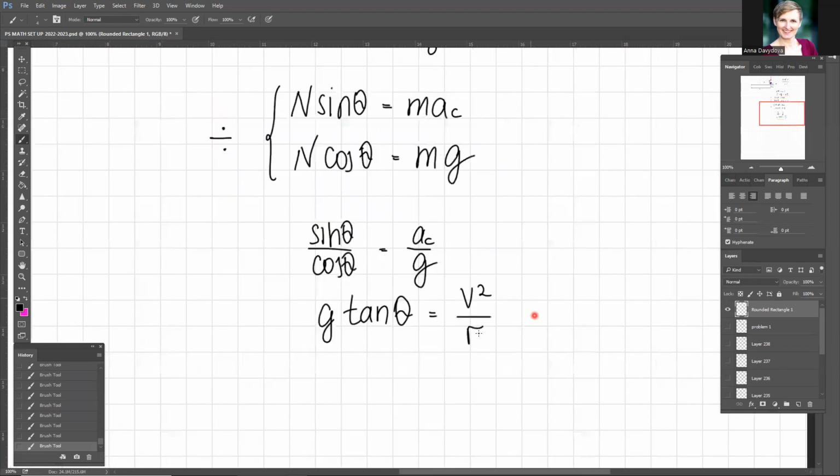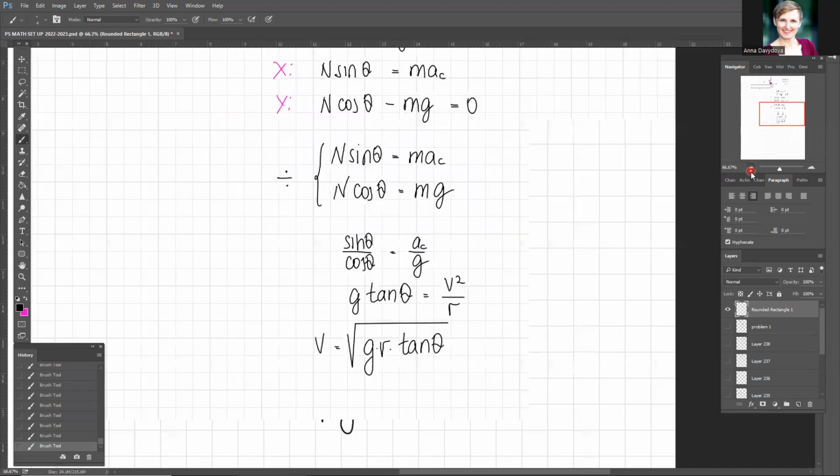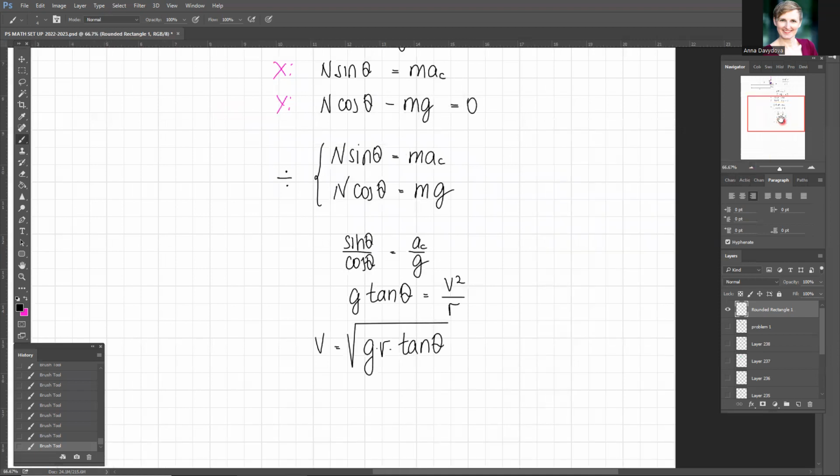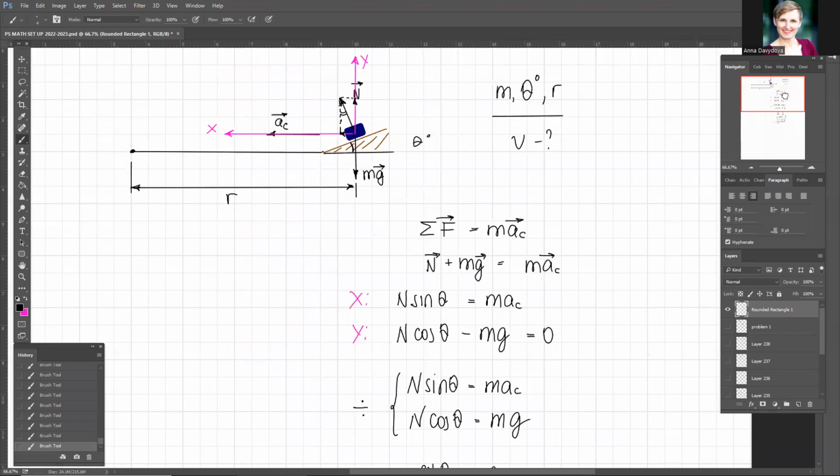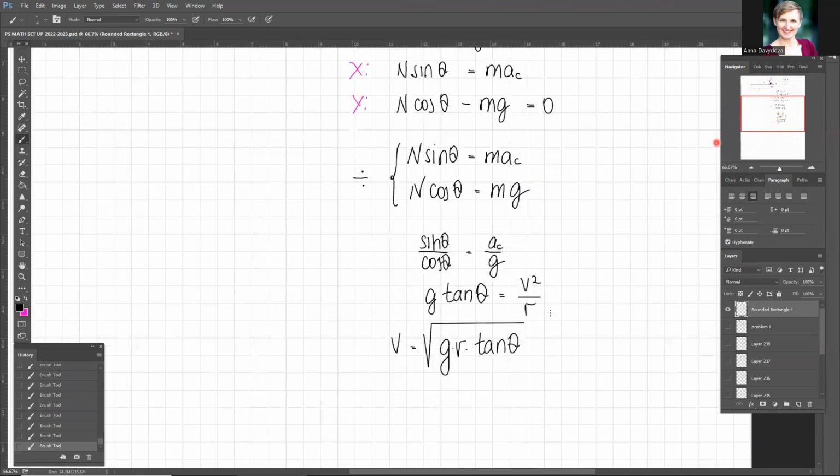So from here, we will be able to find the V that's needed for the car not to fly off the course. R travels here and we take a square root of this expression. Now you can imagine any radius you want, within reason, obviously, any angle you want.